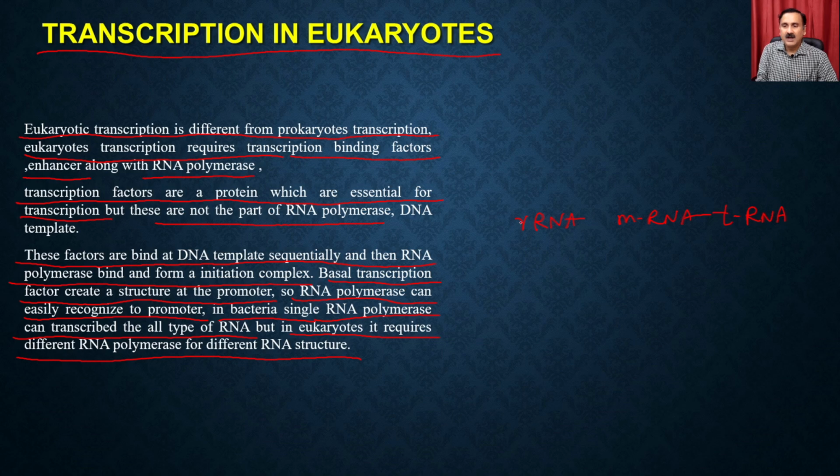All three are transcribed with the help of different types of RNA polymerase, whereas in bacteria, all three species of RNA are transcribed by a single RNA polymerase. That is also a very big difference between eukaryotic and prokaryotic transcription.